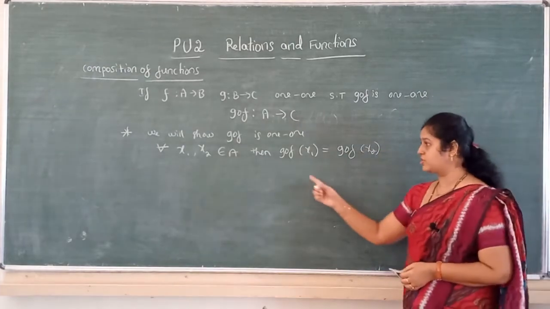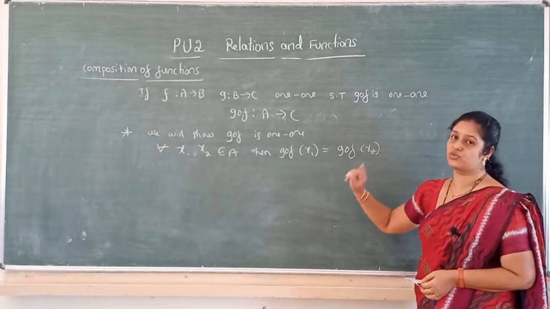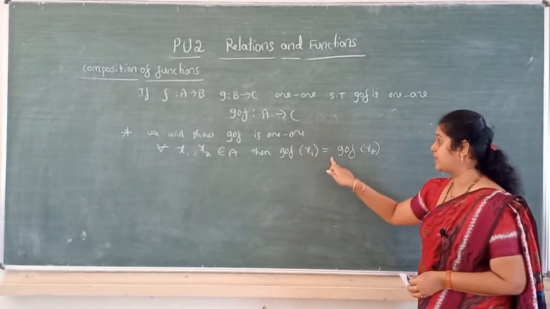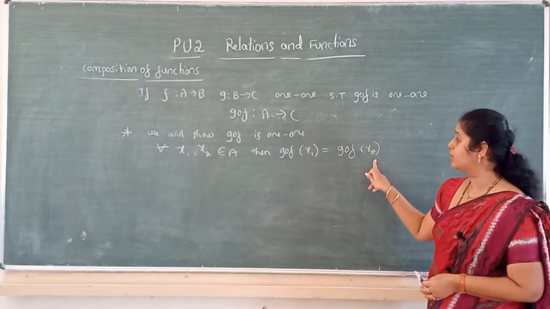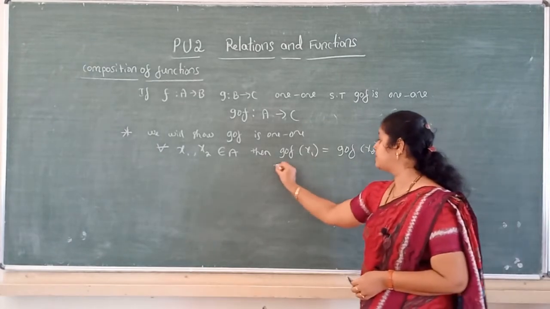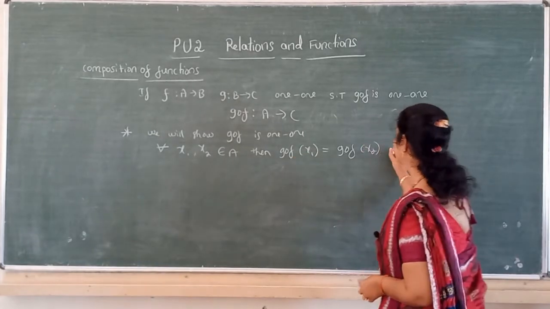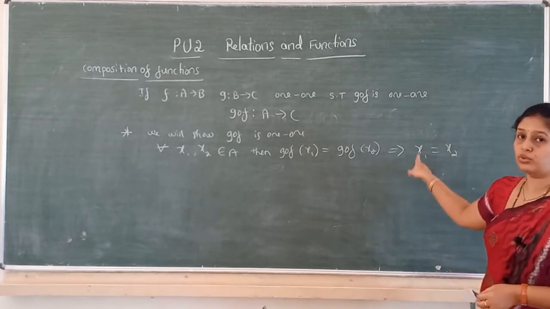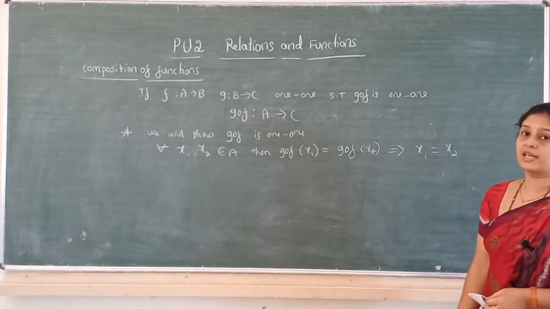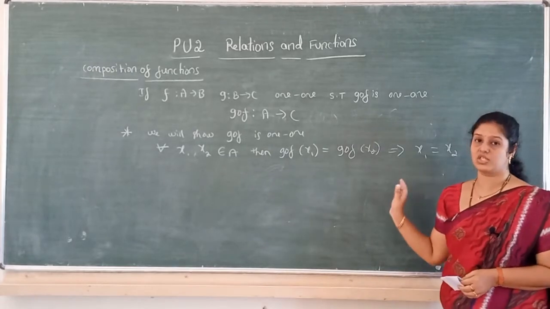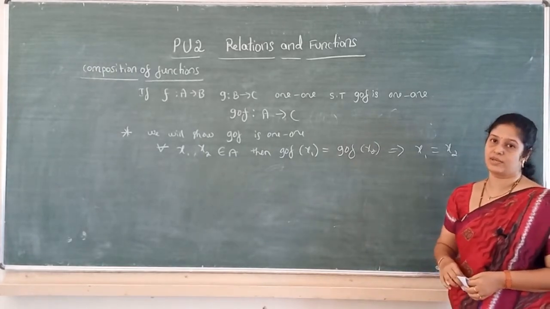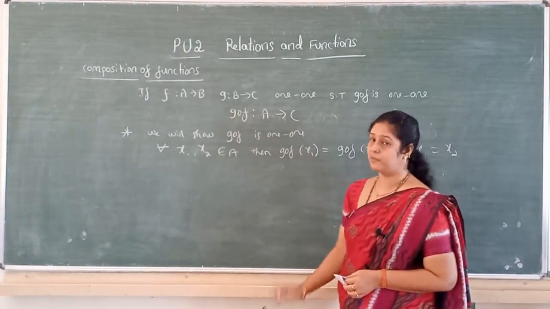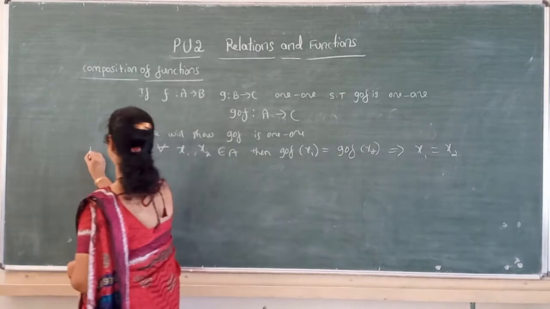Because g of f is also a function, just like f of x1 equal to f of x2 implies x1 equal to x2, in the same way, if g of f of x1 is equal to g of f of x2, then that implies x1 equal to x2. If you prove this, then we can say that if f is 1-1 and g is 1-1, g of f is 1-1. Now using f is 1-1 and g is 1-1, we will prove this.